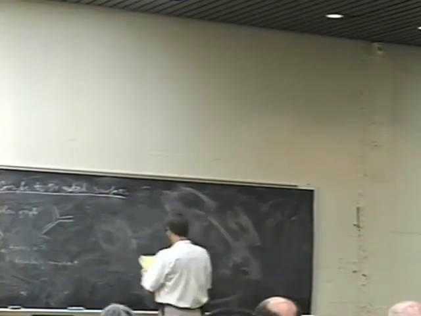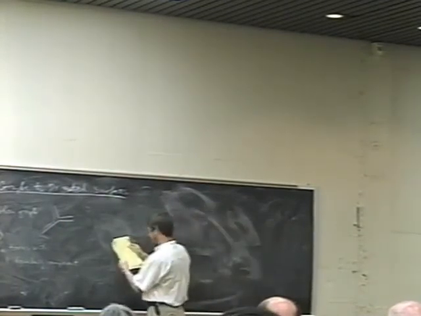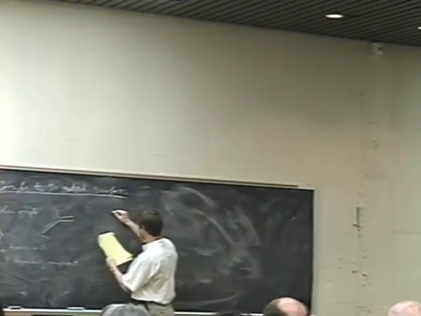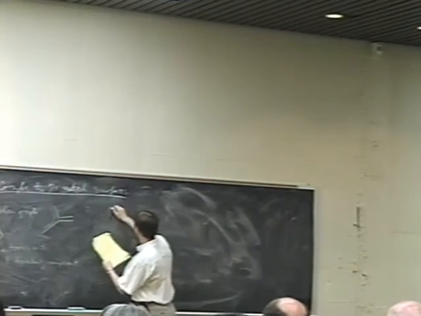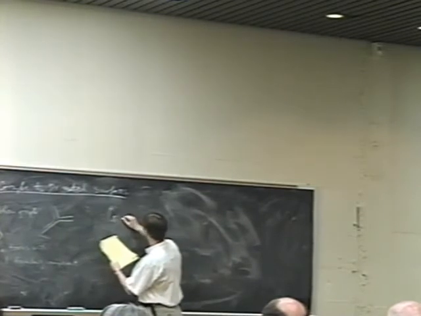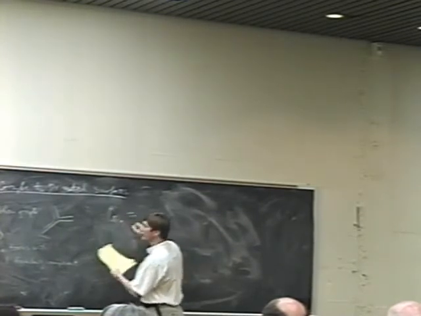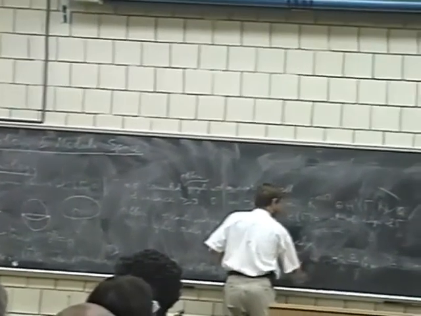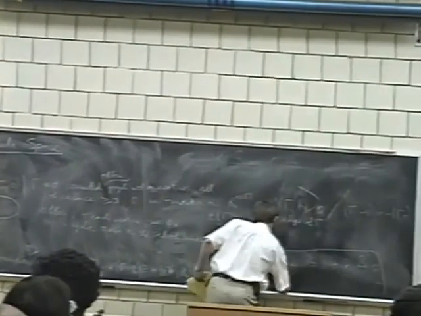So this complex G dot is a graph complex.